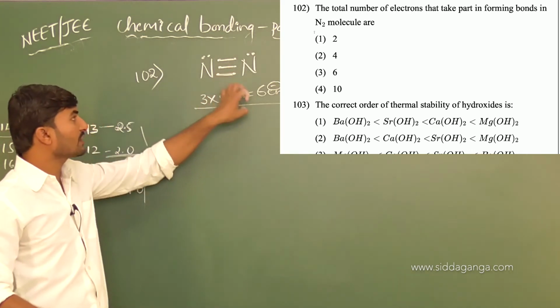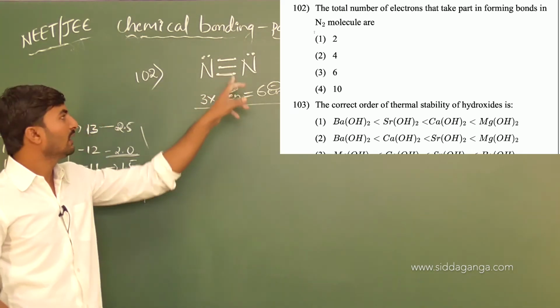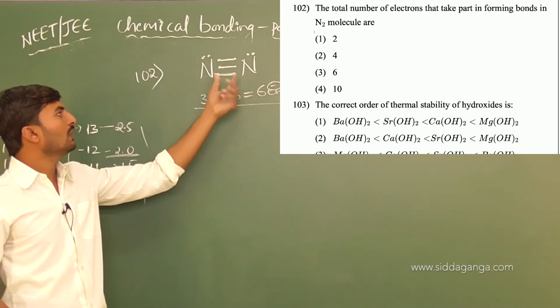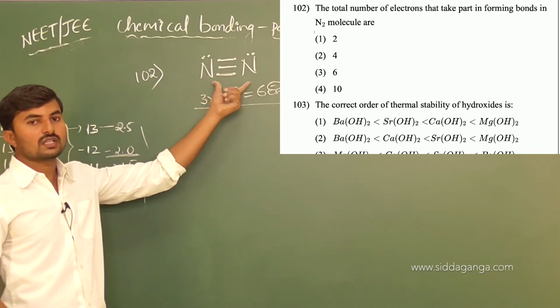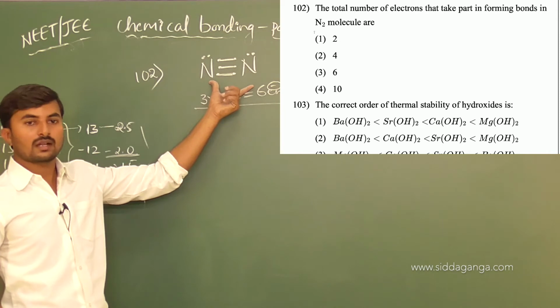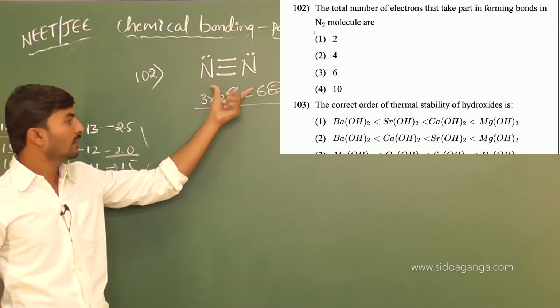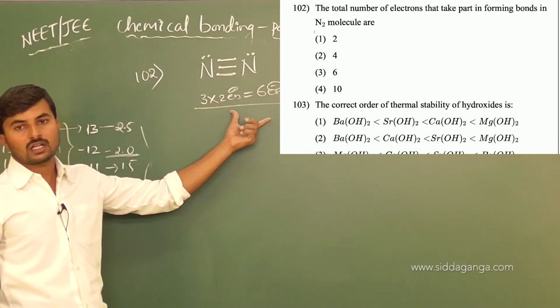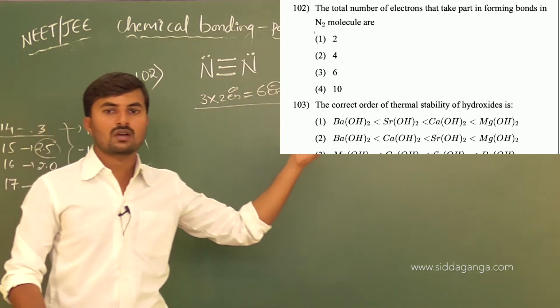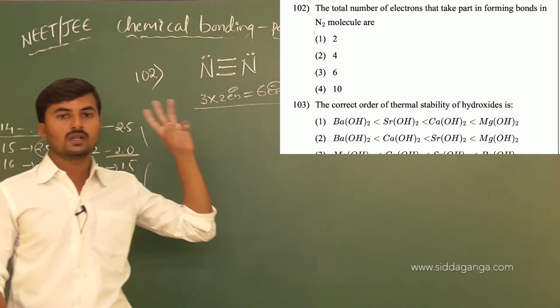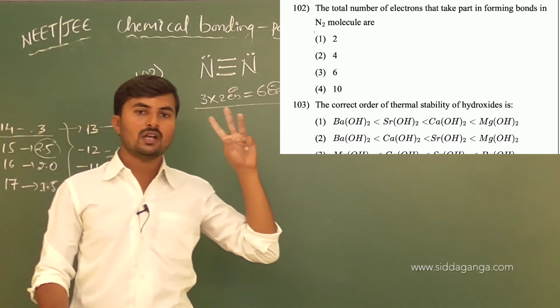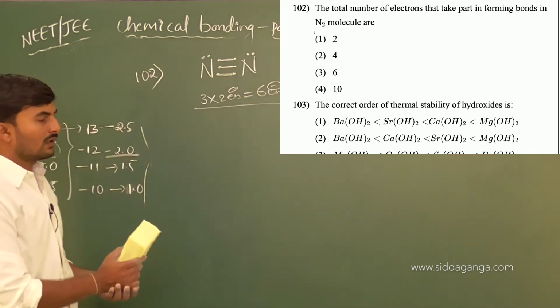They asked how many electrons are needed to form the bonds. We have 6 electrons to form 3 covalent bonds between 2 nitrogen atoms. Which is the correct option here? Option C will be the correct option, that is 6 electrons are required for the formation of 3 covalent bonds in the N2 molecule. Okay, next.